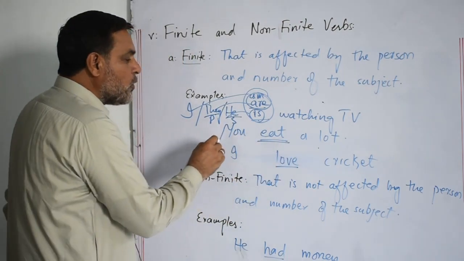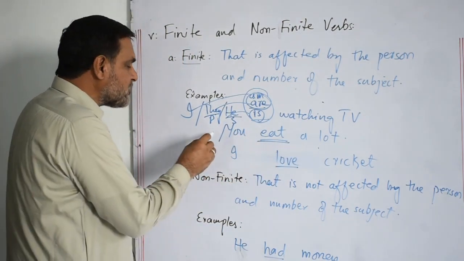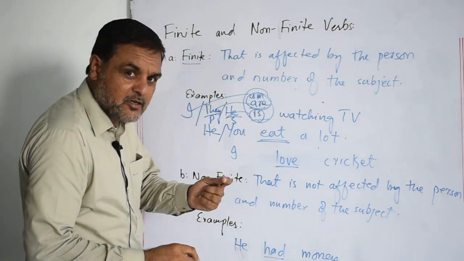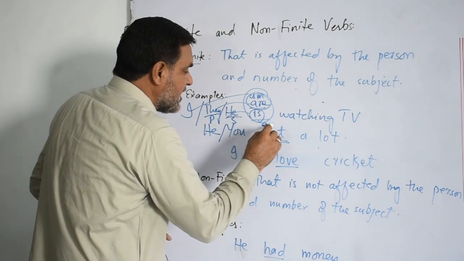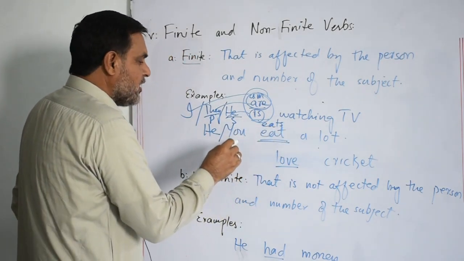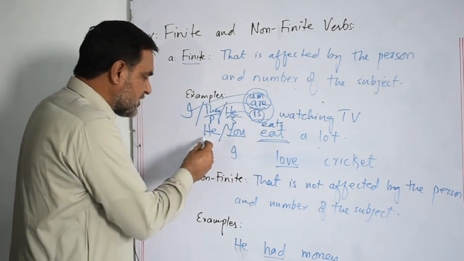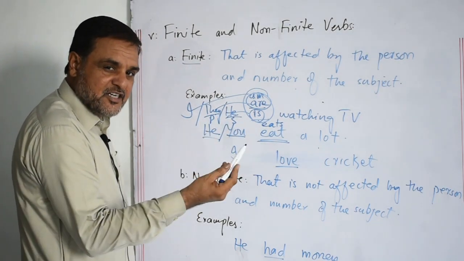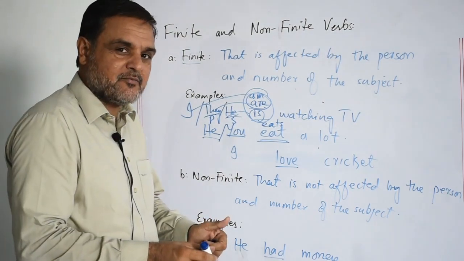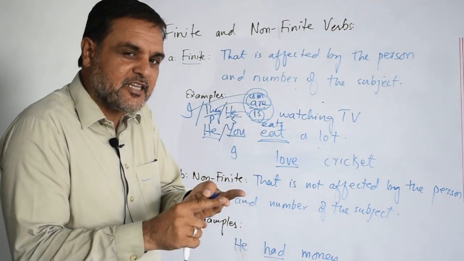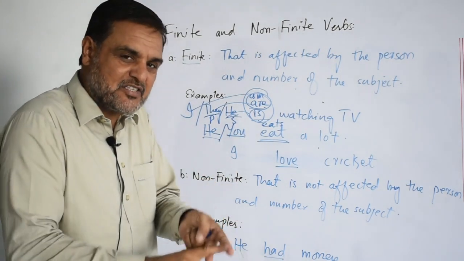Eat. You eat a lot. What about this one? "He eat a lot." Wrong. You will have to use "he eats a lot." See, for this one, eat. For this one, eats. So you have to change the verb according to the change in the number and in the person.